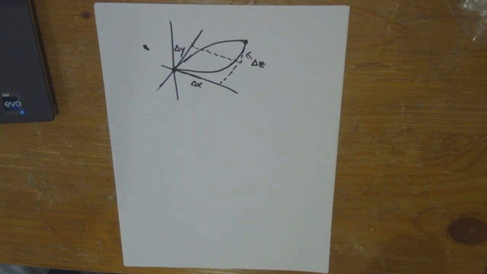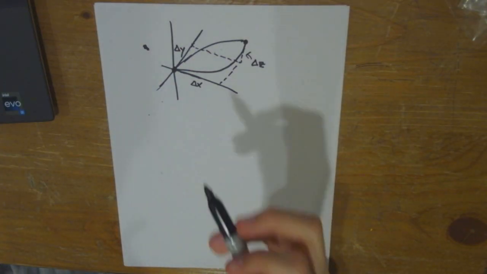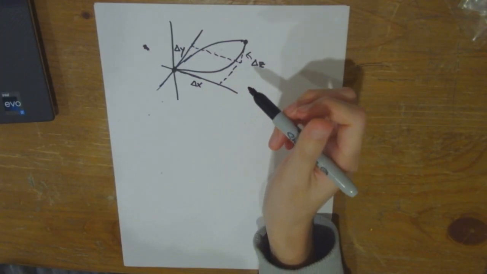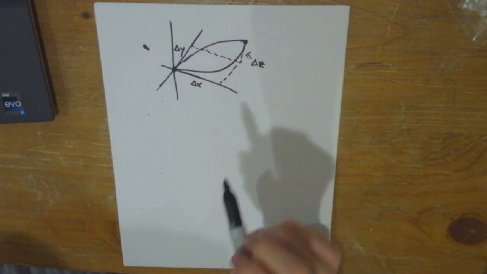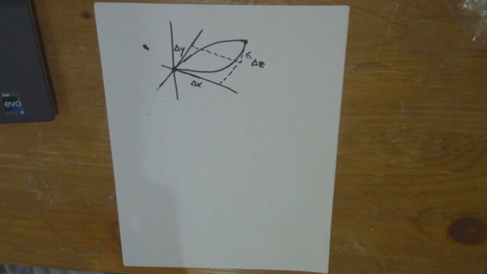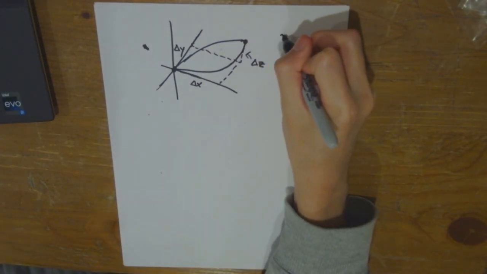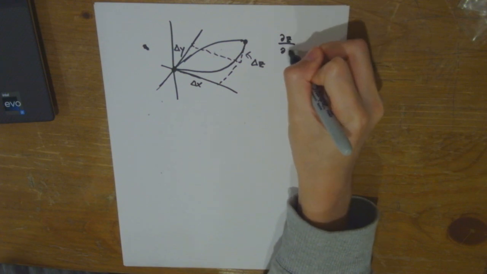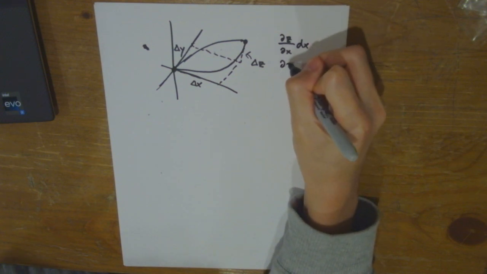So we know the partial derivative with respect to x and with respect to y. And so let's try to represent these quantities geometrically.